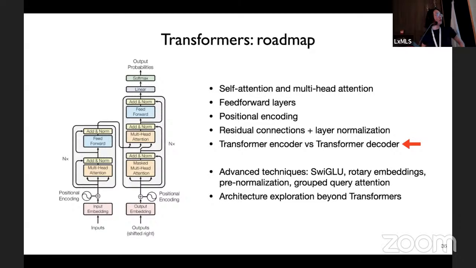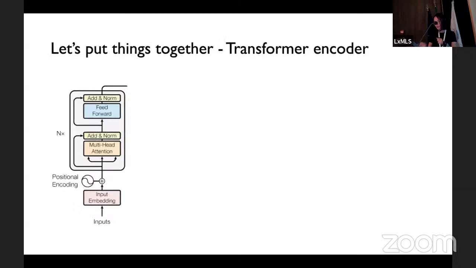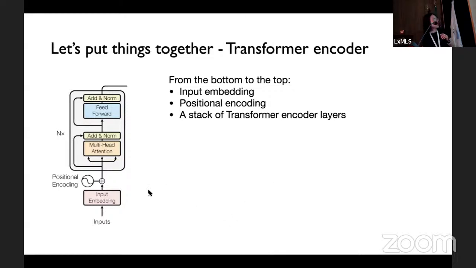Okay, so next, I'm going to put everything together to show you how the transformer encoder and decoder work. Let's look at the encoder part first. The encoder is just the left part of that transformer figure. From the bottom to the top, this is the input embedding, and then we add the positional encoding.